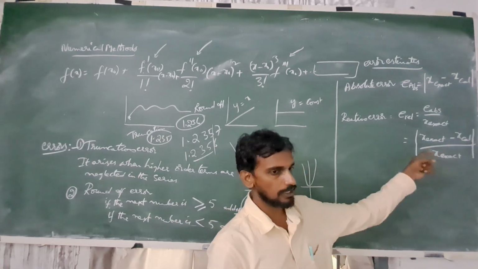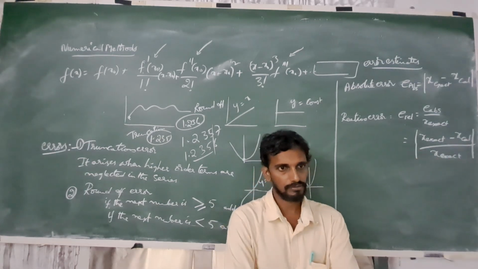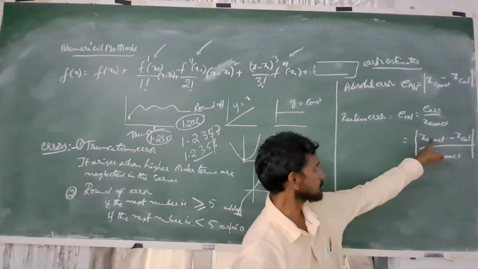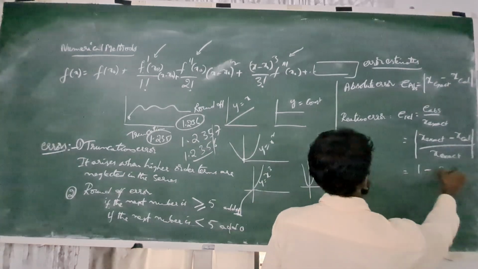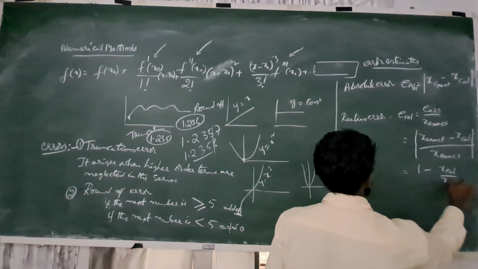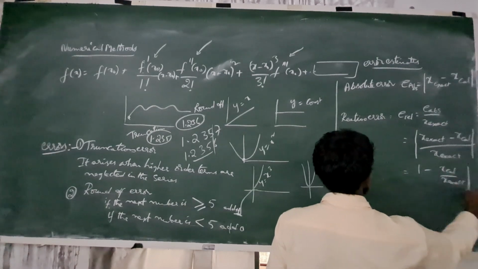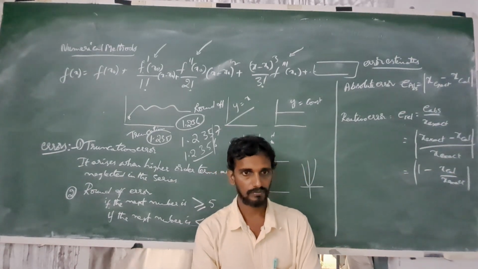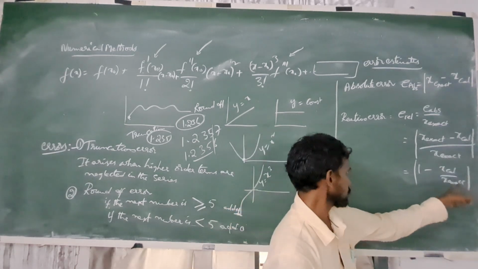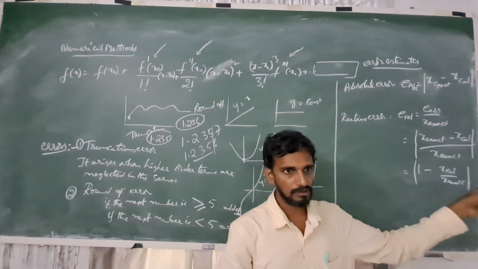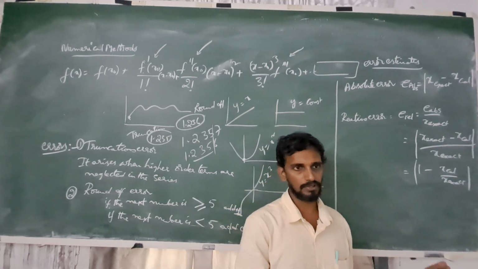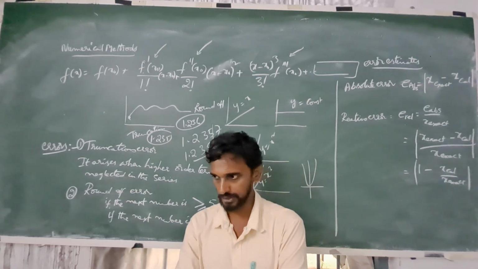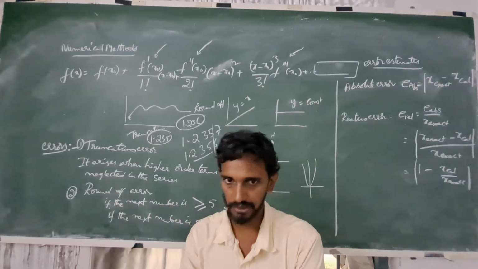So definitely you'll get a number less than 1, because if these two are equal, you'll get 0, otherwise you'll get a number less than 1. And sometimes it may go beyond that, depending on the error.